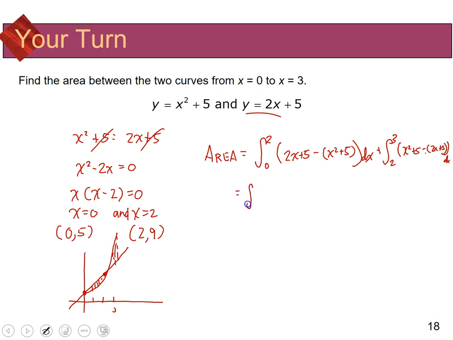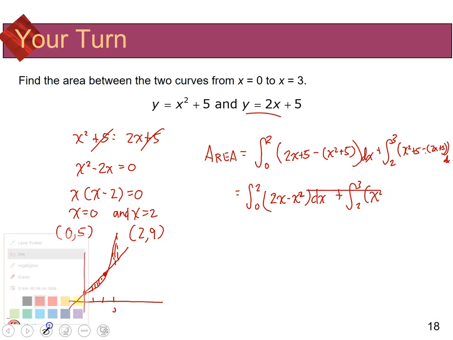So when I simplify, I'm going to have the integral from 0 to 2 of 2x minus x squared dx. Here I'm going to have the integral from 2 to 3 of x squared minus 2x dx. So I'm going to evaluate these.